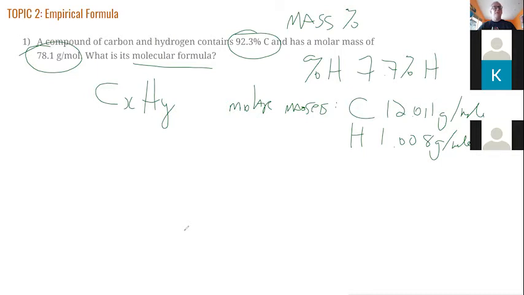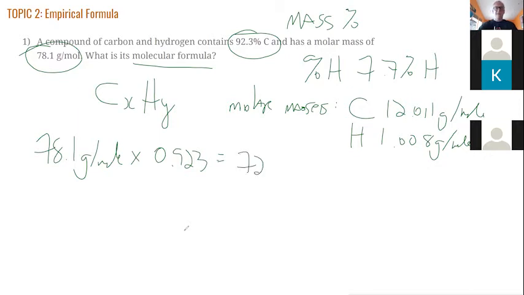You suggested multiplying, since it's 92.3% carbon, and we know that the molar mass is 78.1 grams per mole, we multiply that by 0.923, and that'll give us the number of grams of carbon in a mole of this stuff. So you already had the number. What was the number? 72.0863.